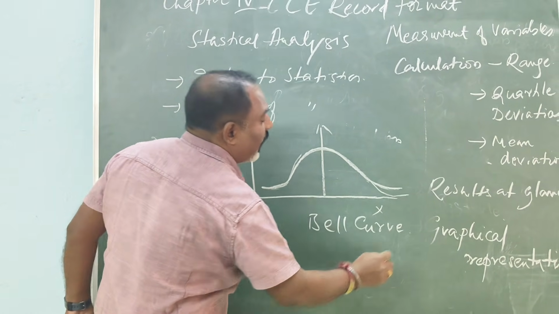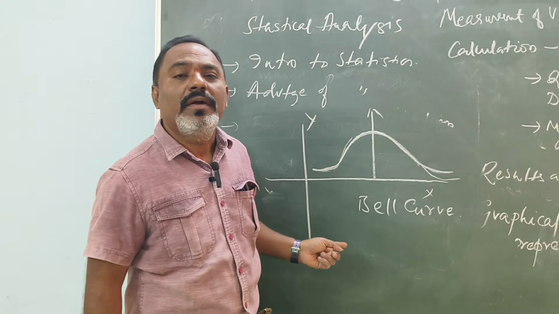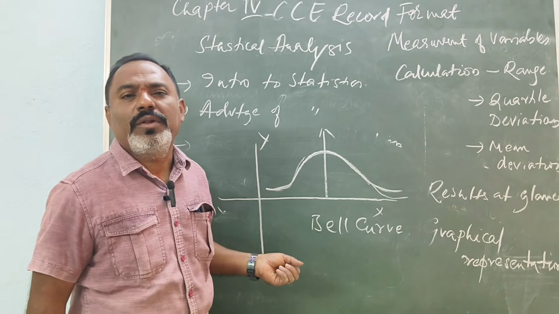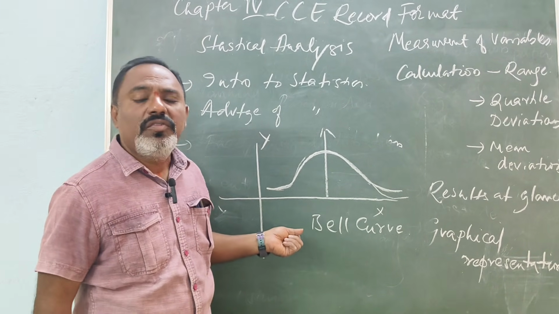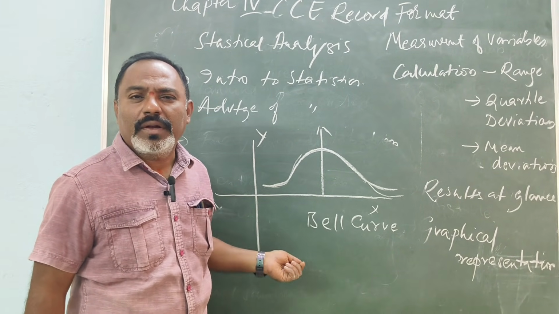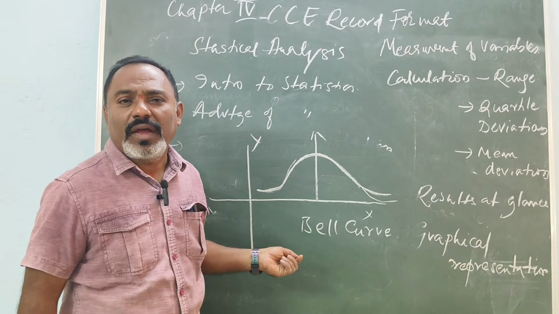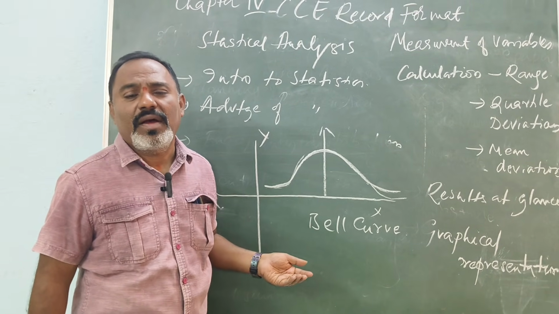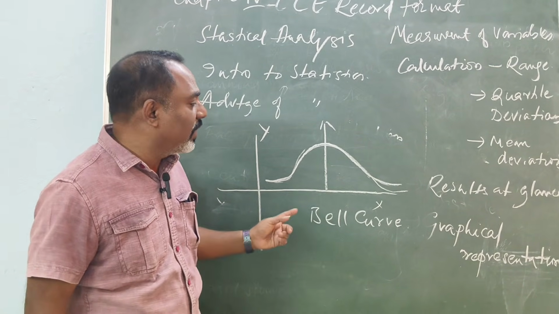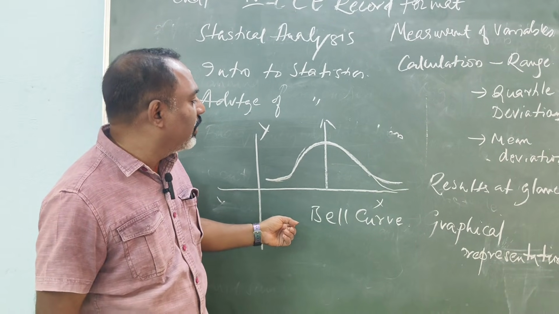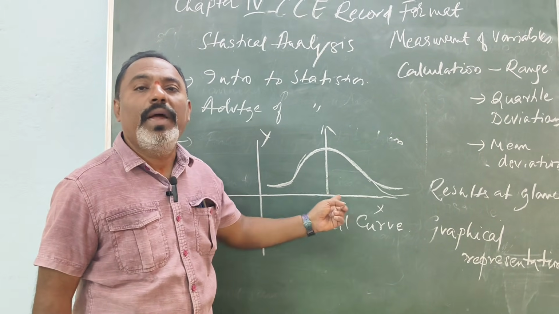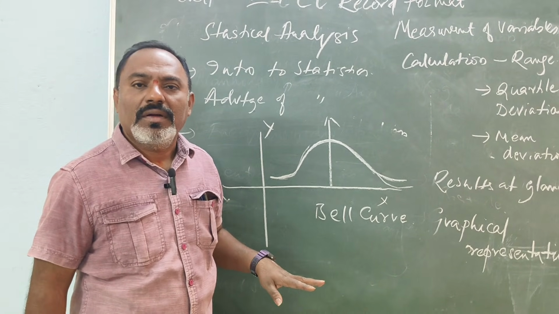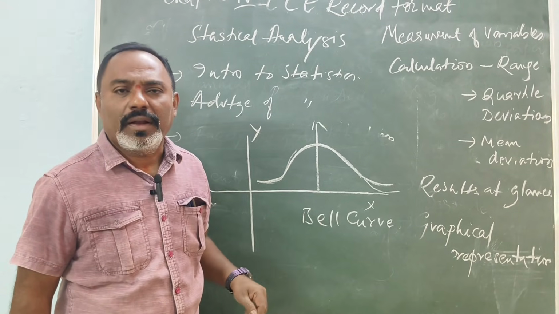If you get this type of graph, it indicates that the test you have carried out in the classroom is perfectly based on the blueprint and academic standards, and that whatever questions you have designed and whatever difficulty you have taken is right. So in the graphical representation, you should get the bell curve. Then only will the test you carried out be correct.